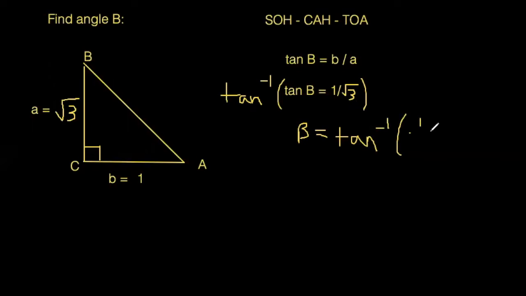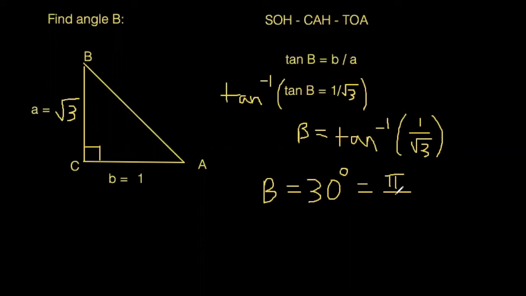Again, make sure your calculator is in the right mode, depending on whether the question wants degrees or radians. In degrees, that should give us 30 degrees, which is the same as pi over 6 radians.